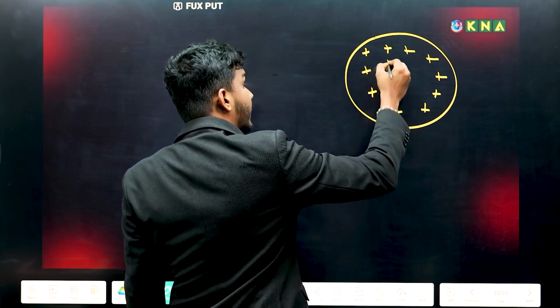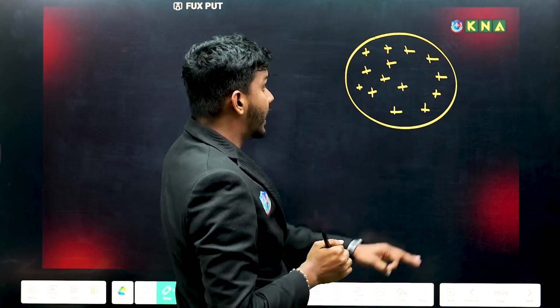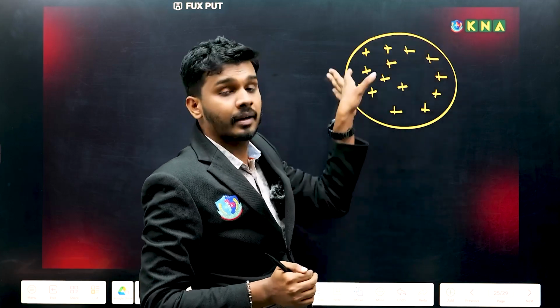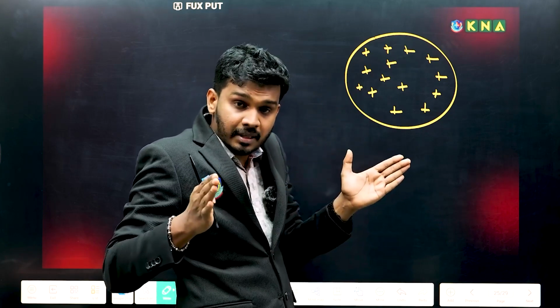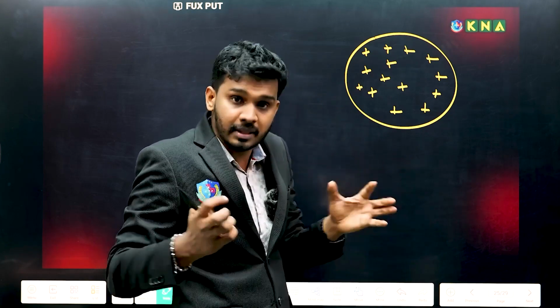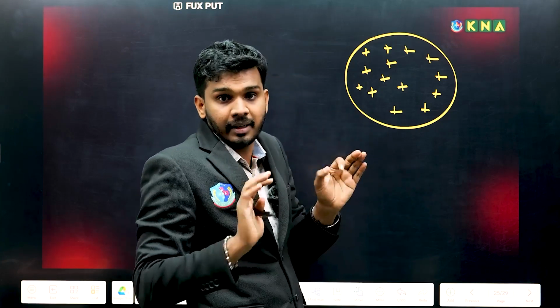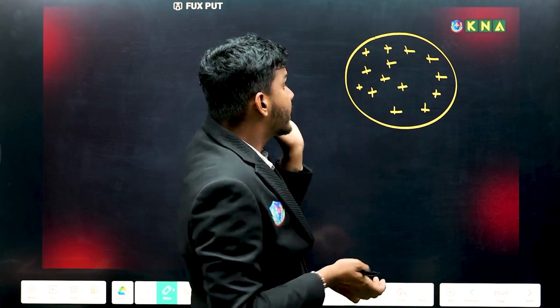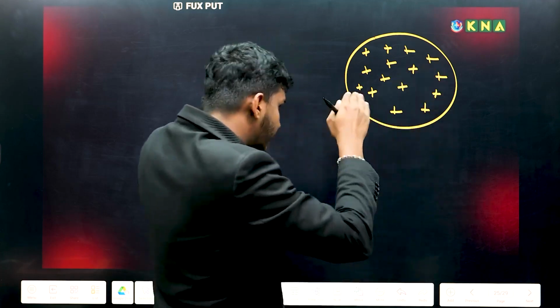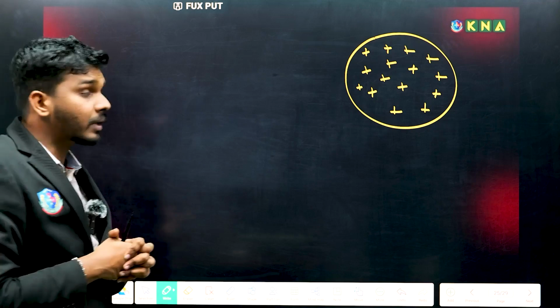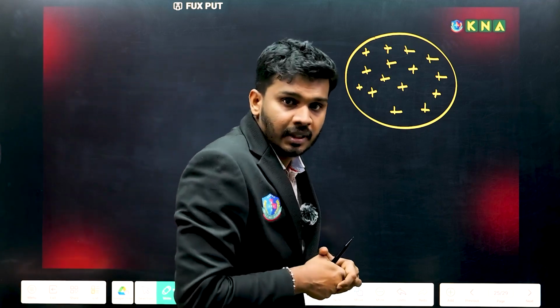But if it is a conducting sphere, the charge moves to the surface, due to conduction and due to repulsion. But if it is a non-conducting sphere, that is not conducting. So this is a non-conducting solid sphere.